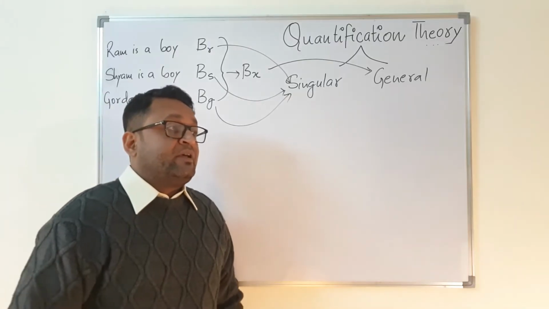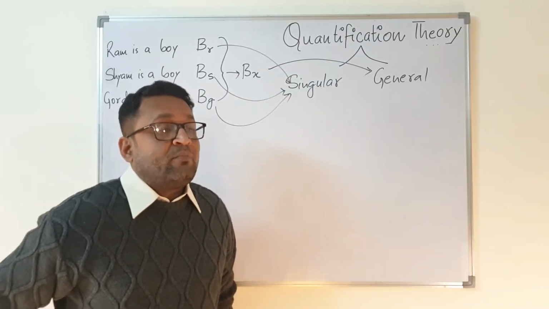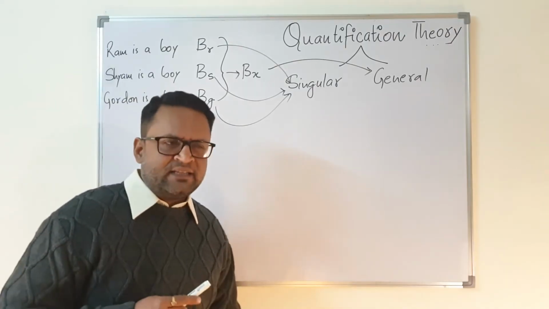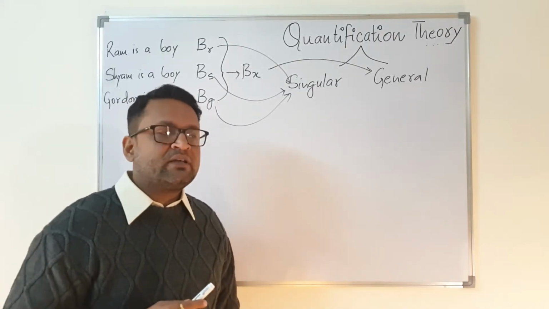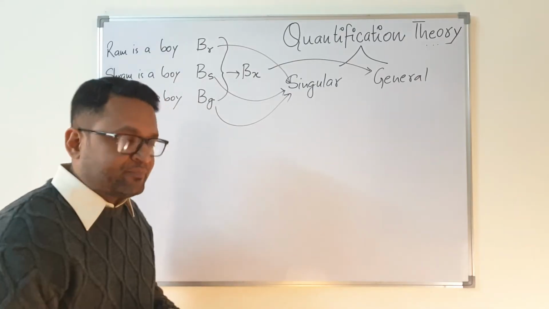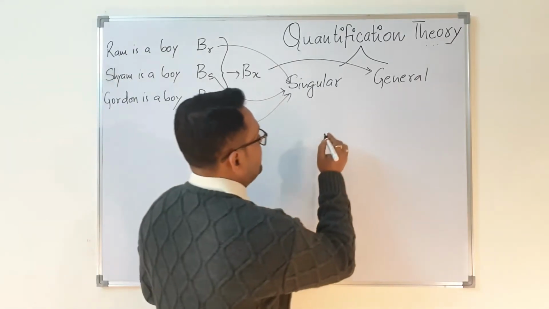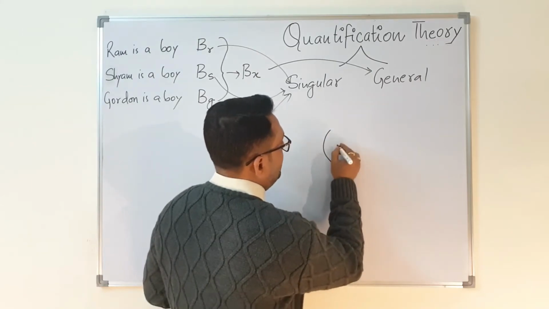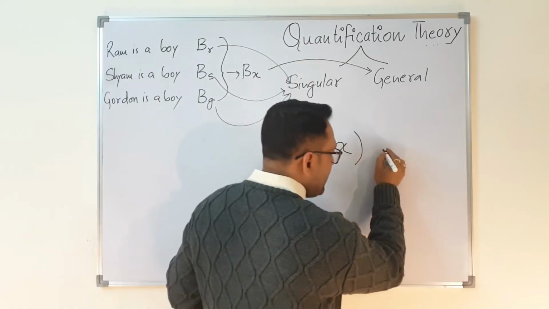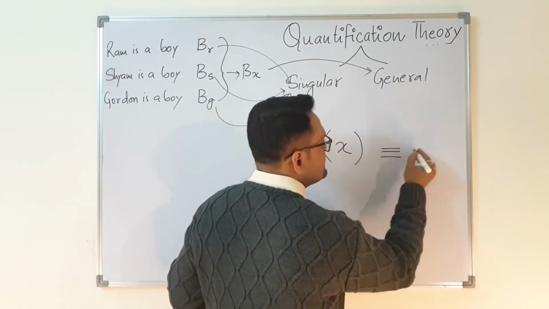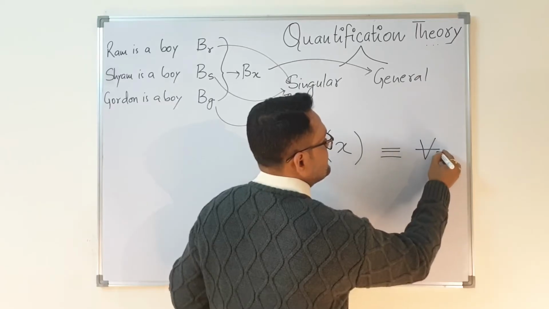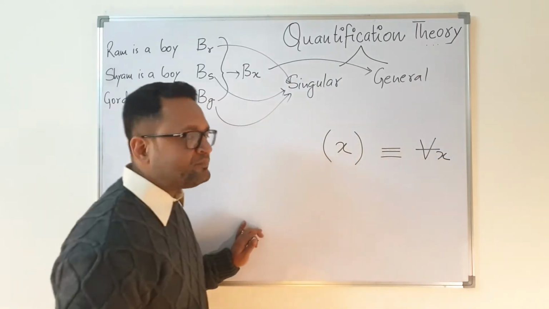But then we sometimes need to talk about some or all, right? Because we have also discussed in syllogistic logic that we need to talk about some and all. So the convention we use here, when we have to say for all X, is this symbolization. It is quite akin to the symbolization you use in mathematics, right?